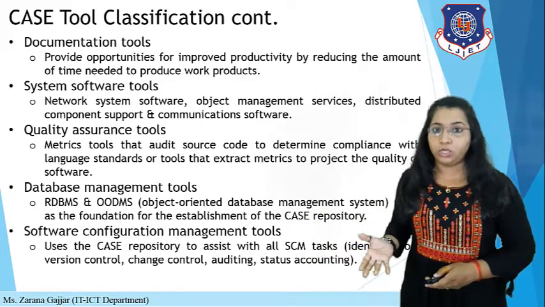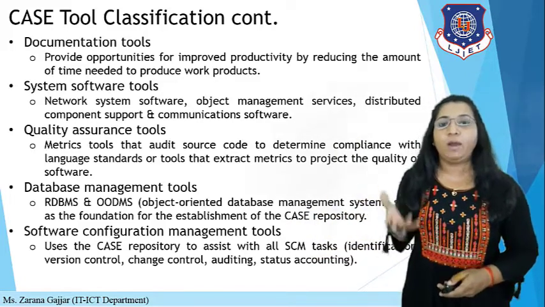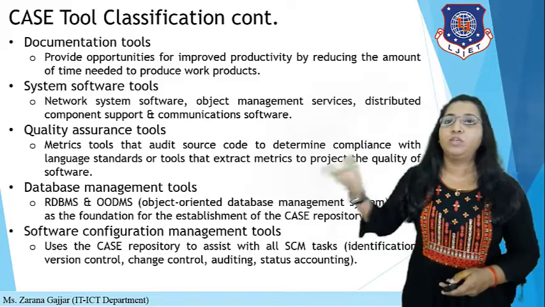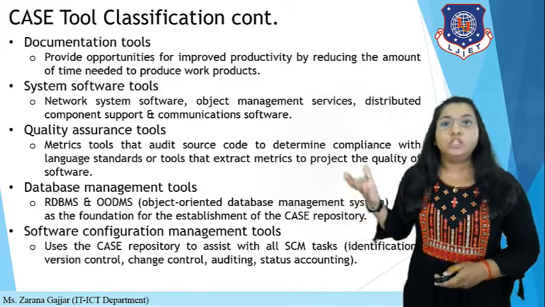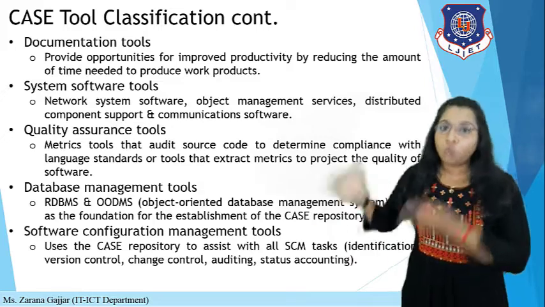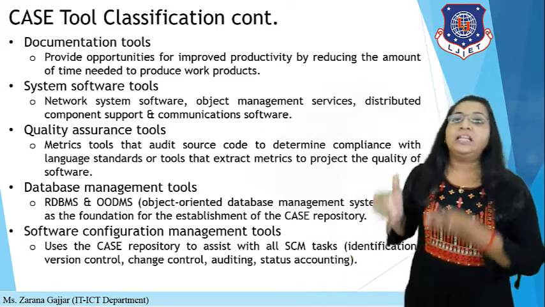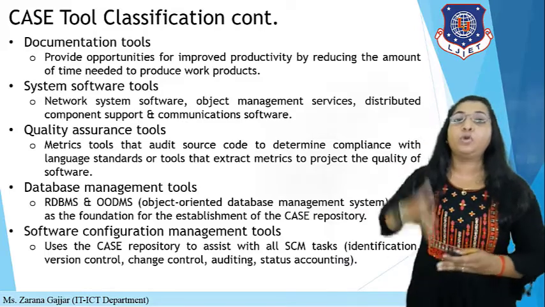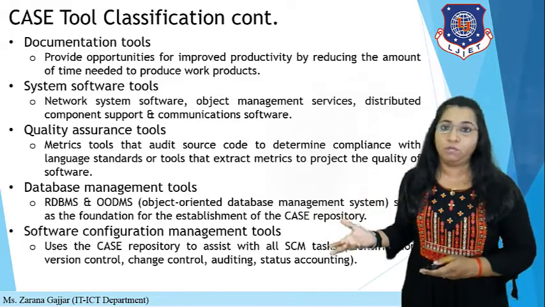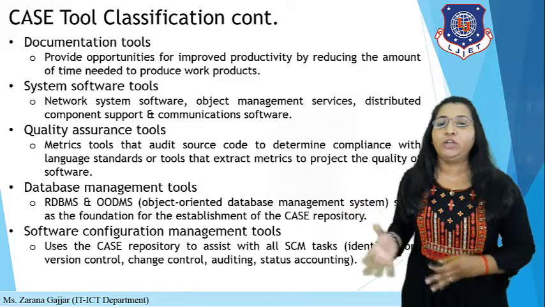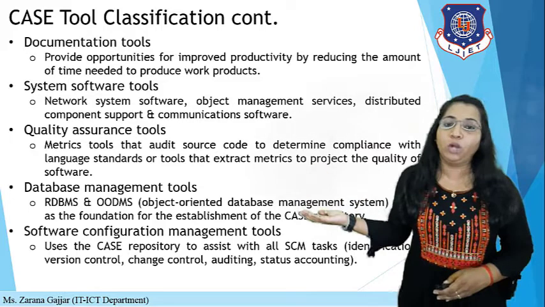Then the quality assurance tool. Whether your software is good quality or not can be measured by using a quality assurance tool. These are metrics tools that audit source code to determine compliance with language standards, or tools that extract metrics to project the quality of software. So the actual quality of your software is measured by this particular tool.